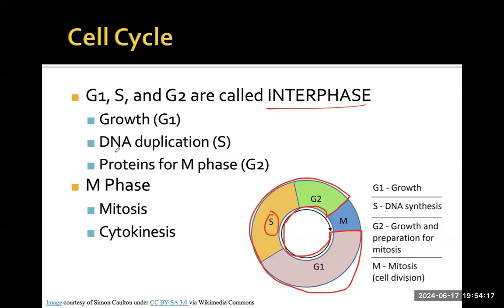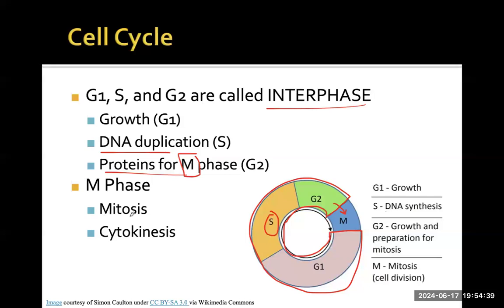S is where you have DNA duplication take place, and you're going to make an extra copy of your DNA. Then that leads into G2, which is the creation of specifically the proteins that you need to undergo the process of mitosis. After which phase, now you're ready to enter into mitosis.